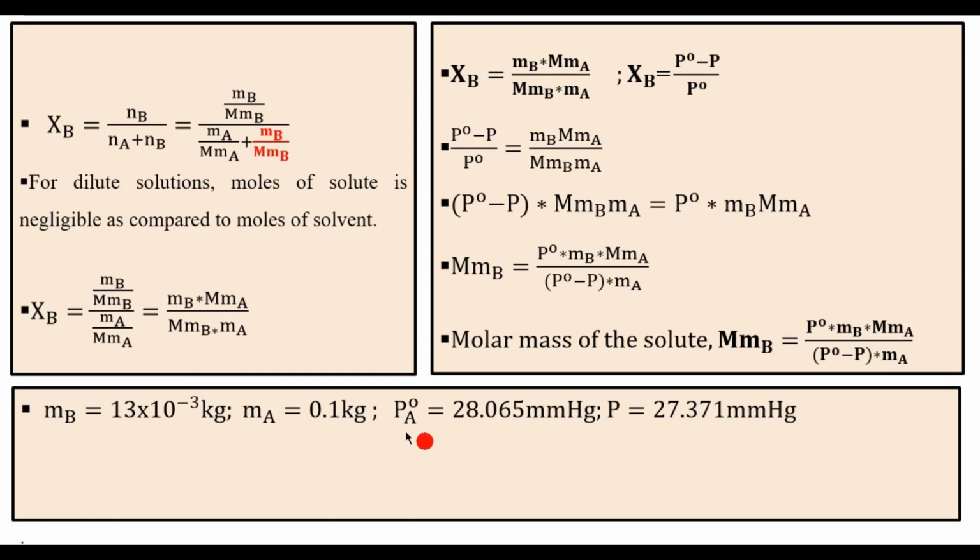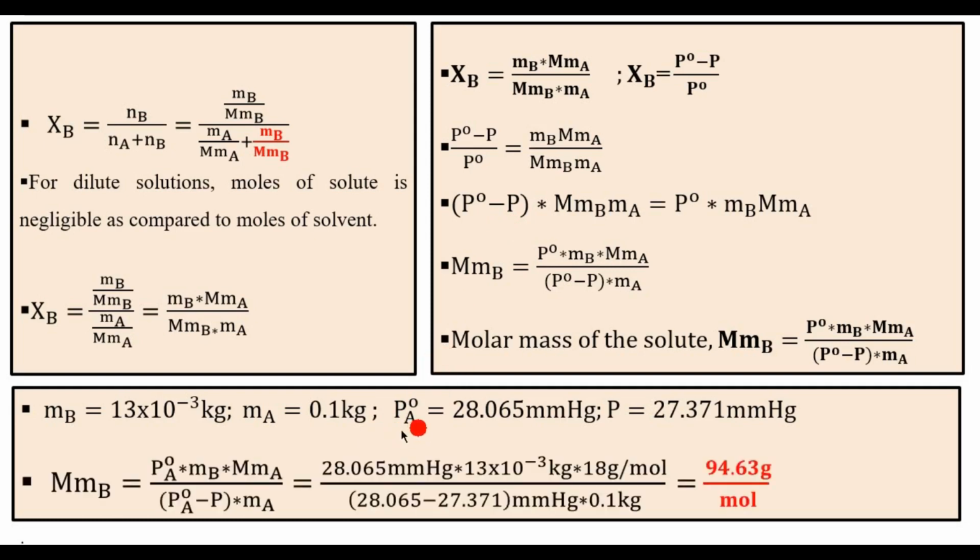You can put the PA or PA naught. So here we are putting P naught. Here they have put PA naught, but it's the same as this P naught. Don't get confused. That means the vapor pressure of the pure solvent was given, and here also we have the vapor pressure of the solution. Then we put the values. Then we will see that we get 94.63 gram per mole as the molar mass of the solid.